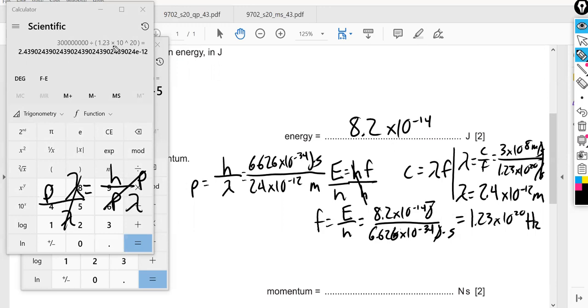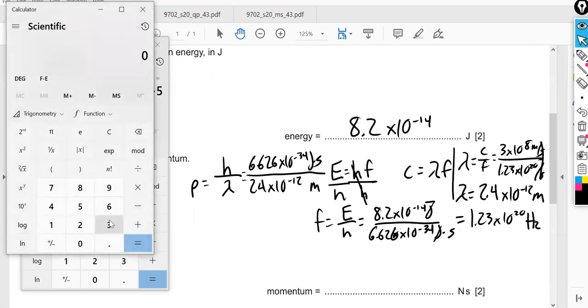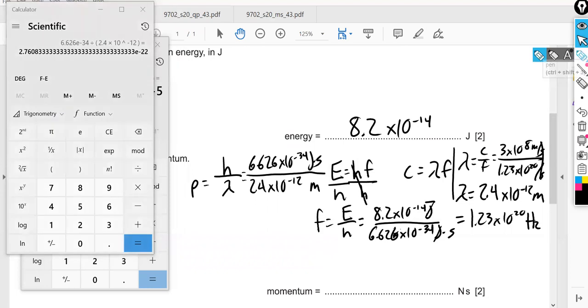All right, so the last calculation here is Planck's constant again, 6.626 by 10⁻³⁴, divided by, use your grouping symbols there when you're dividing by values in scientific notation, 2.4 by 10⁻¹², for that much momentum in that gamma ray photon, 2.8 by 10⁻²².